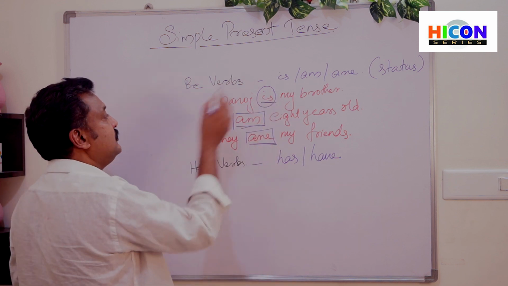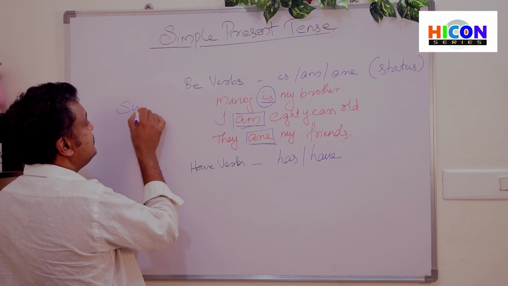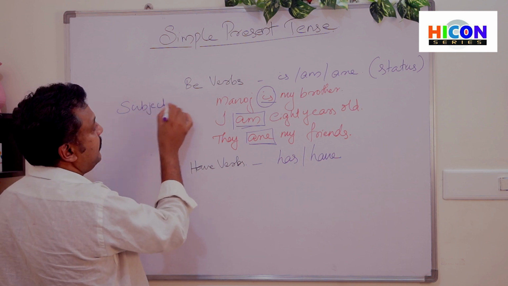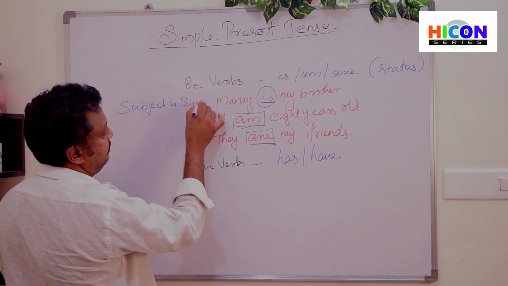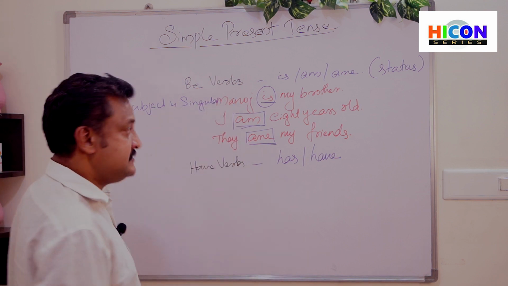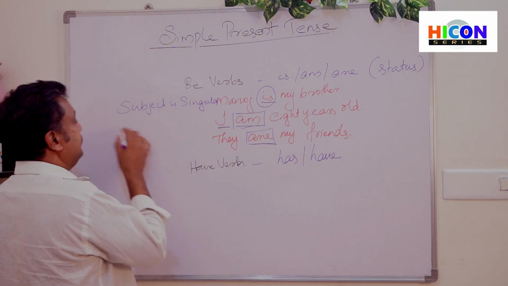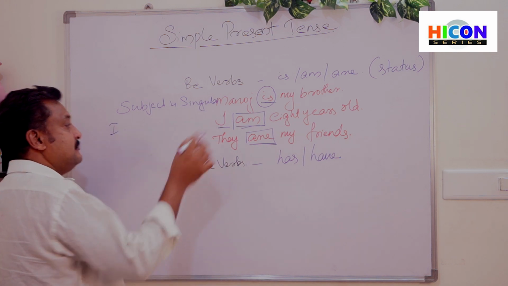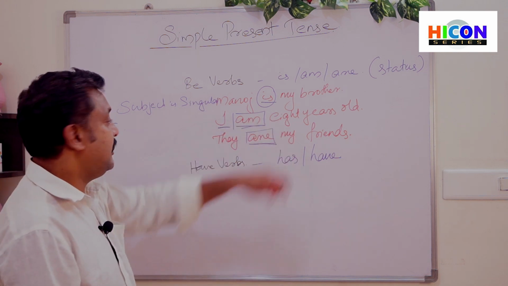Then, is is used when the subject is singular. When we use I as a subject, then we use am after it.